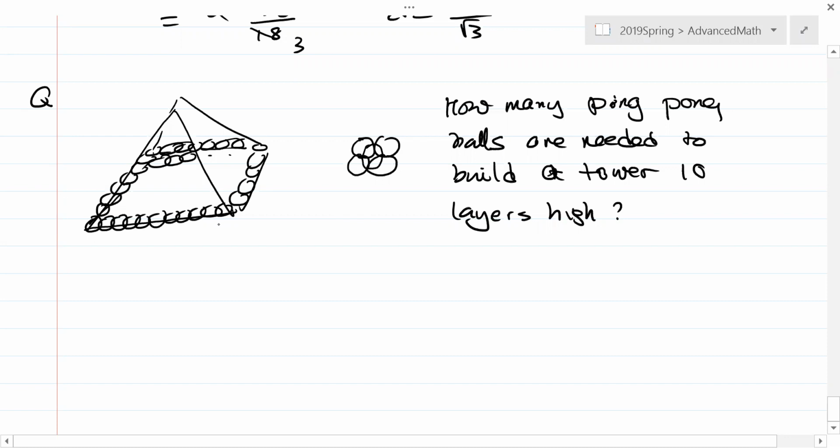I think the bottom part is going to be 10. So 10 on each side, right? And then decrease each time by 1. So with 10 layers, on the top there's 1, right? So you have to begin with 10 by 10.